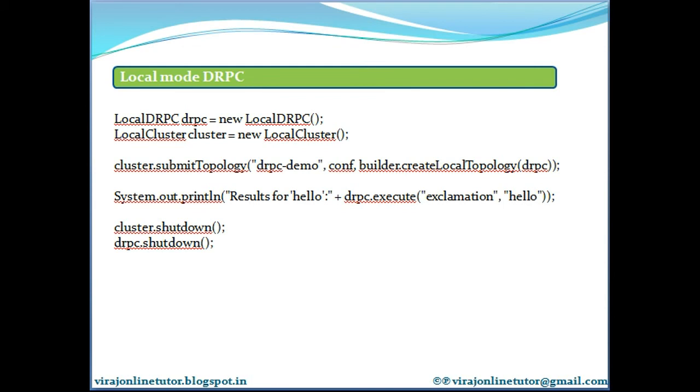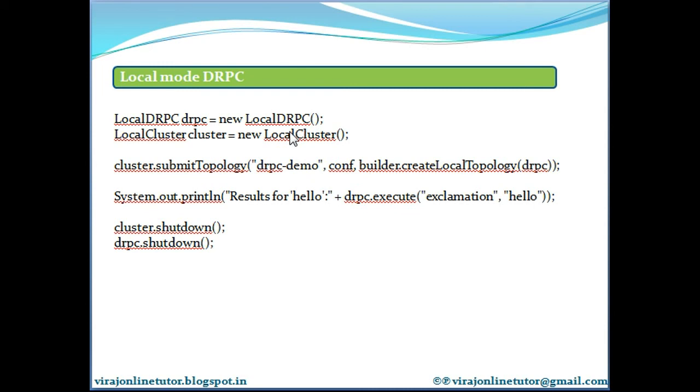Let's discuss the local mode of DRPC. DRPC can also be run in a local mode, and here is how you can run it. First you need to create a local DRPC object.